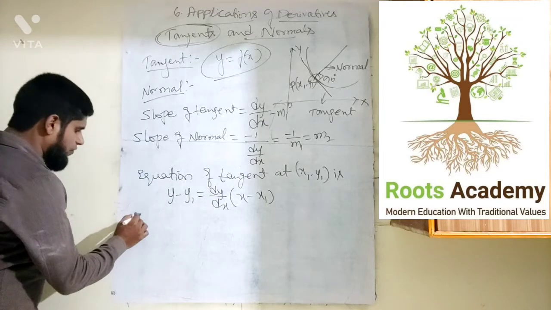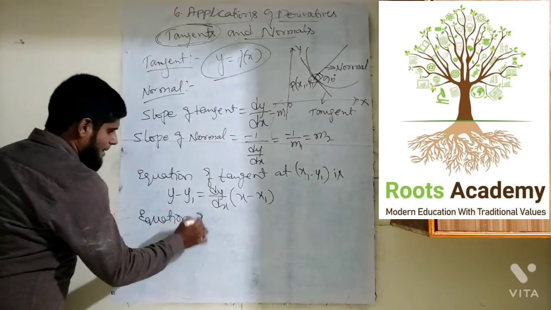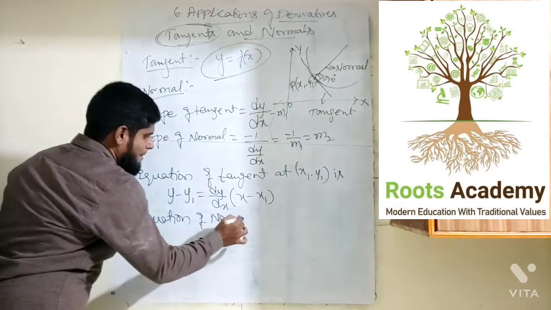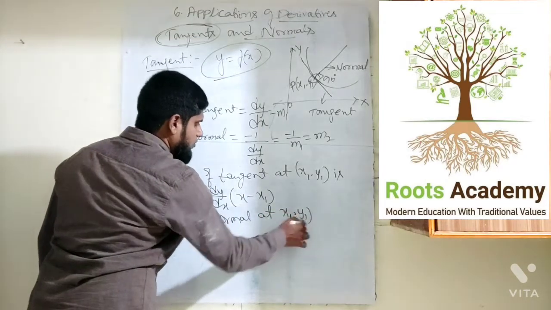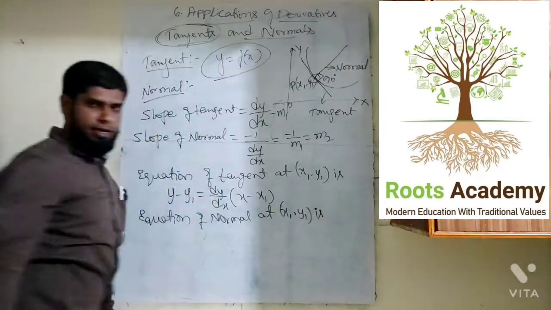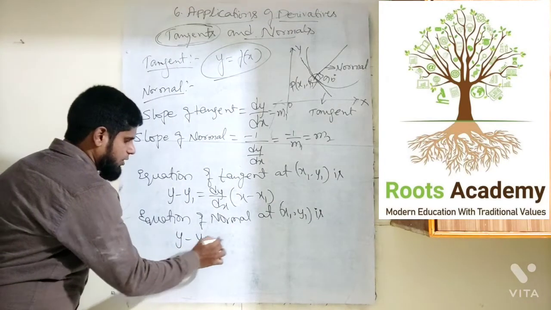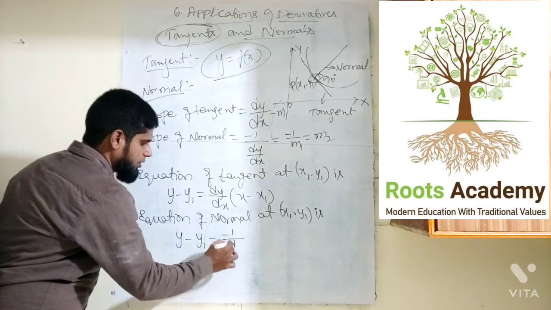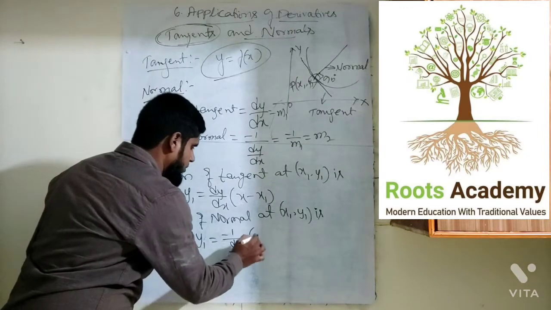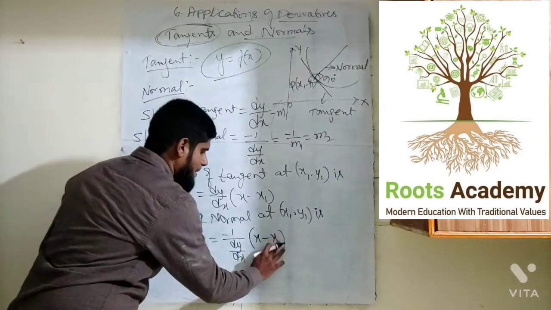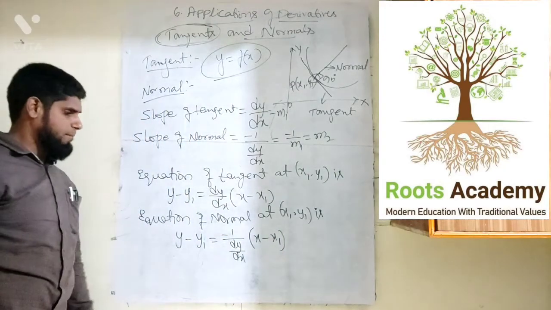Then the equation of normal at x1 comma y1 is y minus y1 is equal to minus 1 divided by dy by dx into x minus x1.